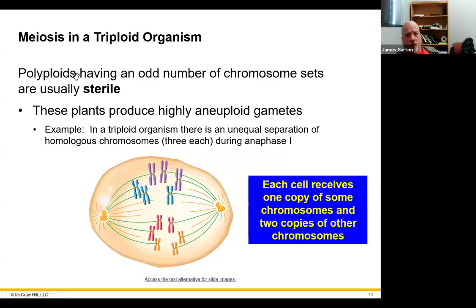Usually, those organisms that are triploid or pentaploid or heptaploid, I believe is the prefix for 7, are sterile. And what happens is during gamete formation, there's all of this unequal separation of chromosomes. And that tends to make inviable gametes.